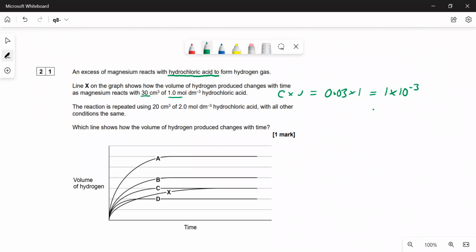And the reaction is repeated using 20 centimeters cubed of 2 molar. So how many moles are we going to have there? Concentration times volume. So the concentration is 2, and the volume is 20 centimeters cubed. That's 0.02.